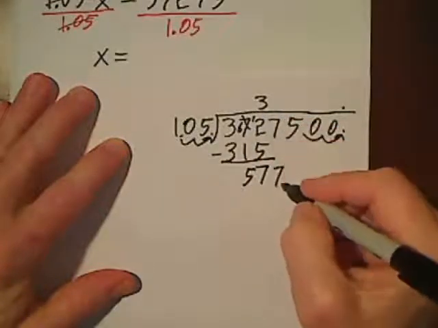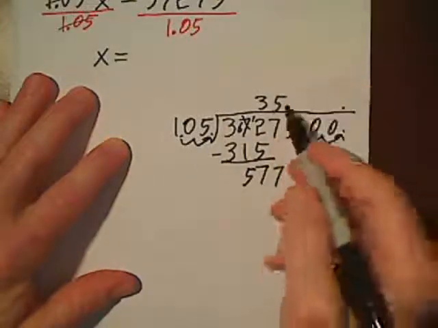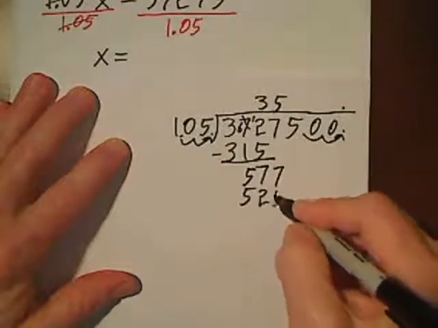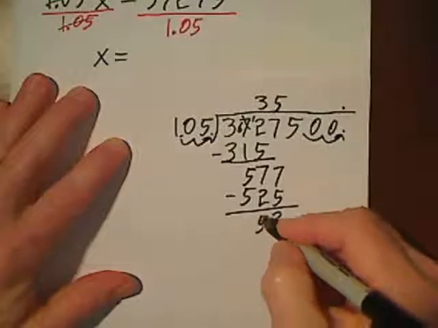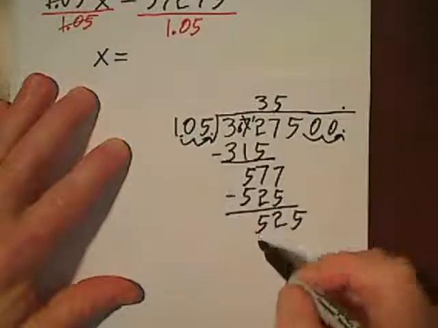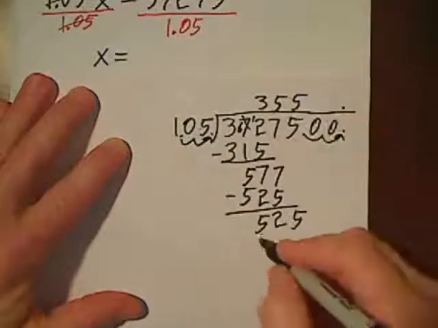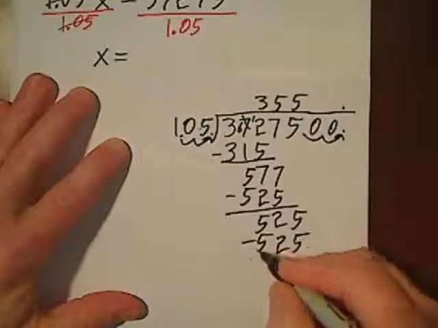Bring down your 7. 100 goes into 500 5 times. So 5 times that would be 525. Bring down your 5. 100 goes into 500 5 times. And when you multiply, you get 525.